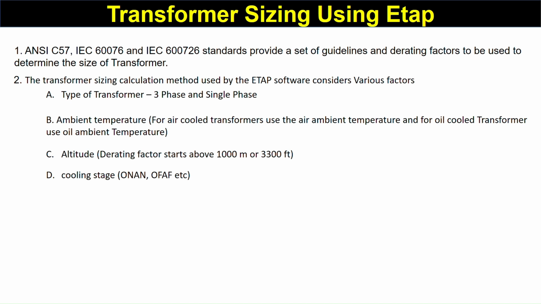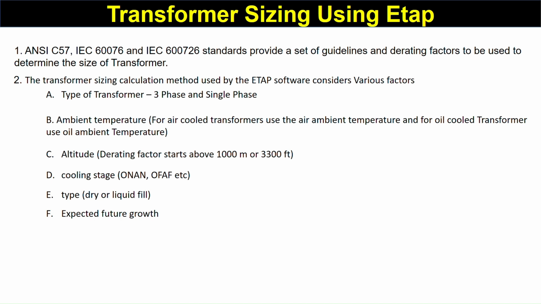Fourth is the cooling stage. What type of cooling you are providing, whether it is oil natural, air natural, air forced, or any other cooling system, you have to select it in the Etap. Then the type of transformer, whether it is a dry type or an oil type. Expected future growth also affects transformer sizing.